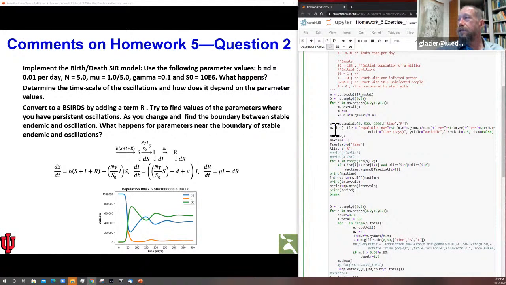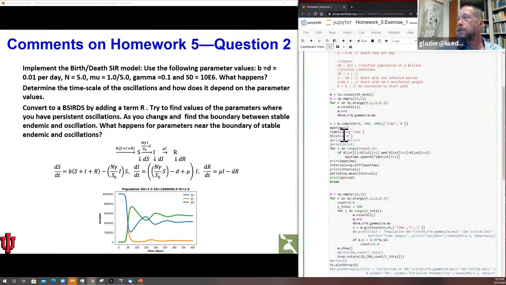And now I have to indent this stuff. Sorry, I gotta get rid of a lot of stuff. I don't need this plot. I don't need the show. I do need to indent all of this.